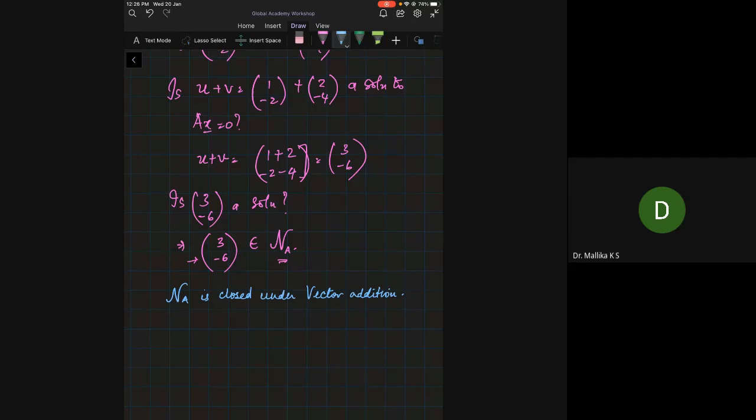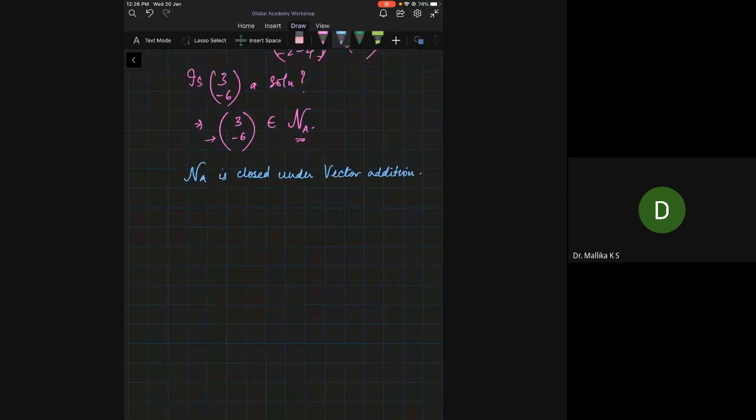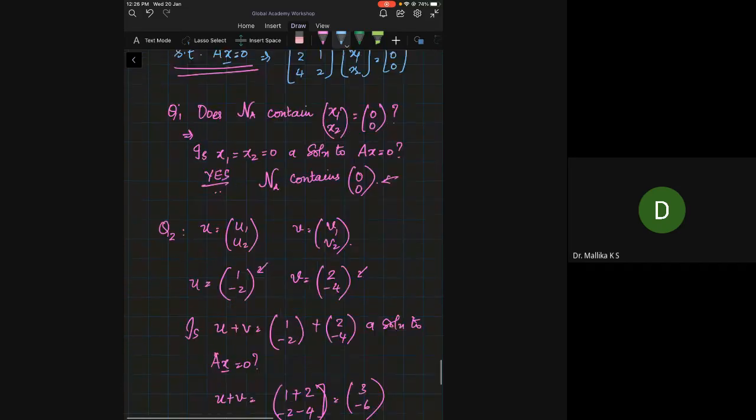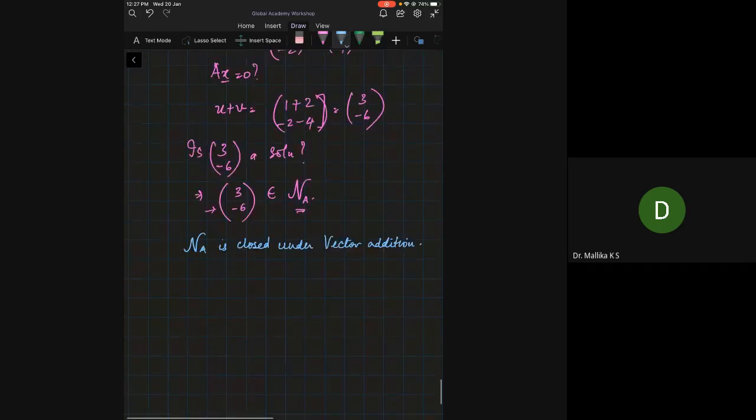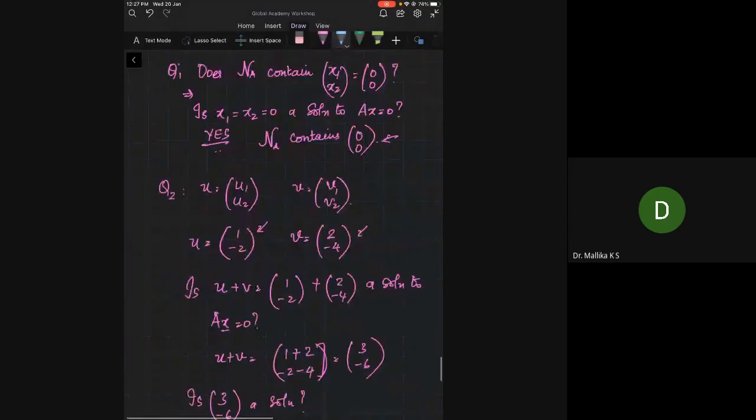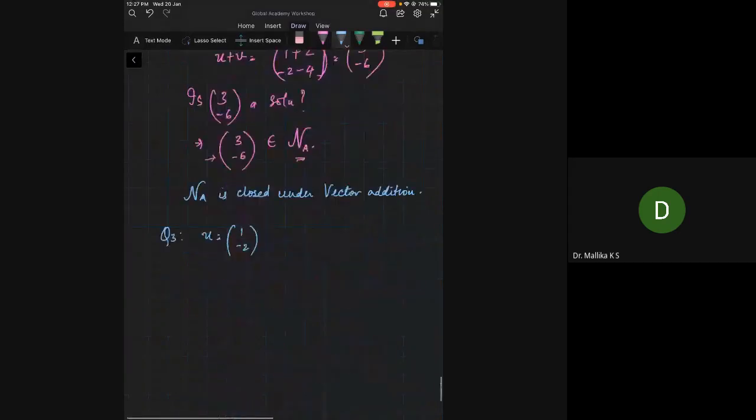So now I want to look whether Na is closed under scalar multiplication. The third point that we're going to look at is Question 3. Now consider u equal to 1, minus 2. Now take alpha equal to 23.